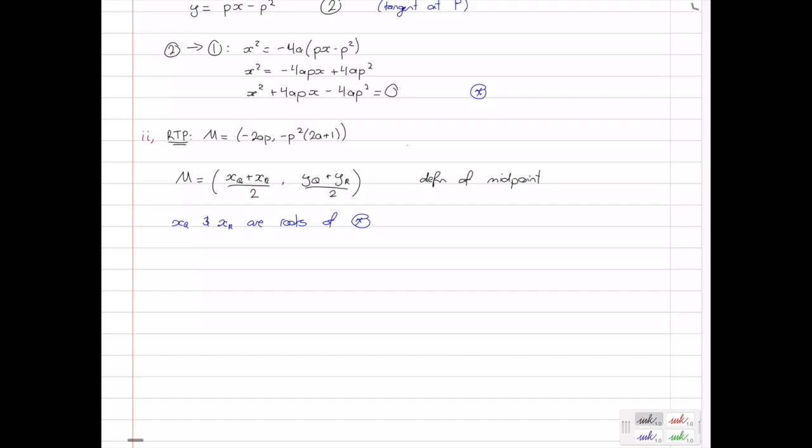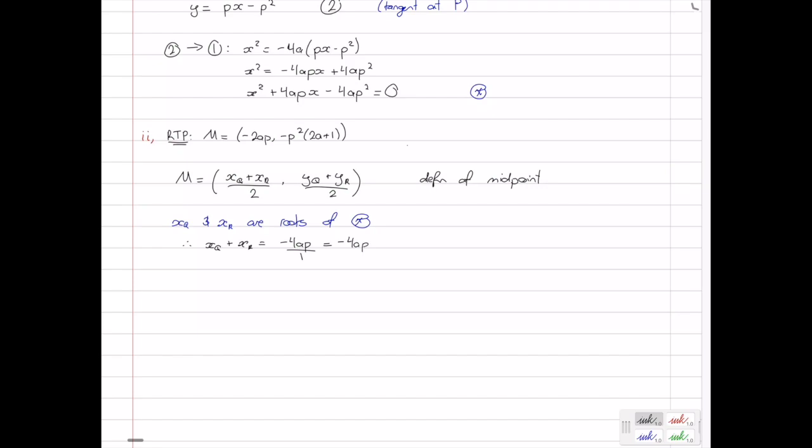So why is that actually helpful? Because we know that we can work out the sum of roots of a quadratic. That means that xQ plus xR should be equal to minus b on a. So that's minus 4ap divided by 1, which is minus 4ap.